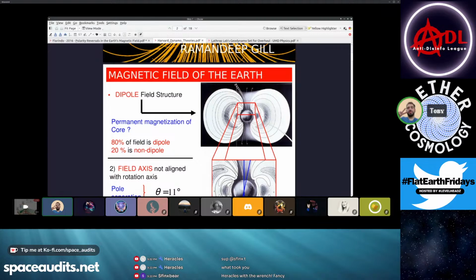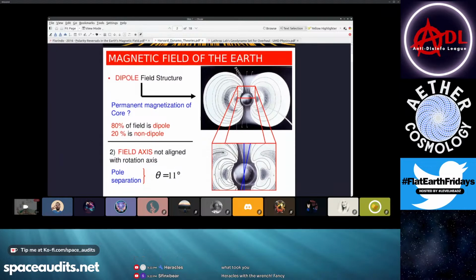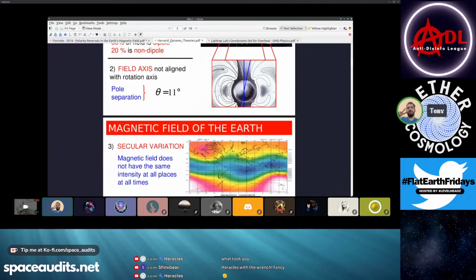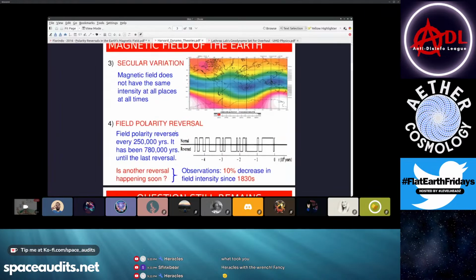So right here you have the rotational axis of the Earth, and then this is the polar axis, or the supposed polar axis of the dynamo, the geodynamo. And the permanent magnetization of the core is not proper for what they model. Yeah, I'd go with that.